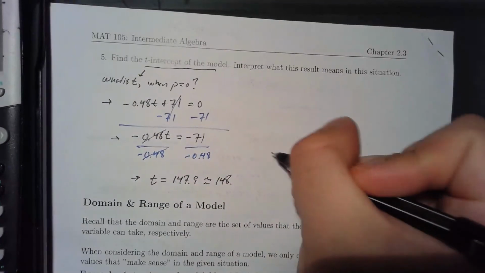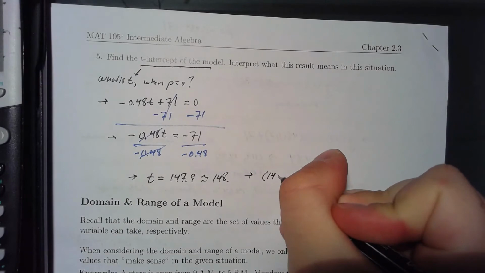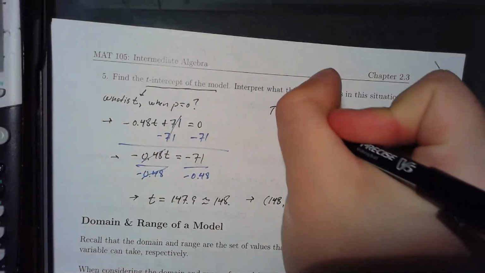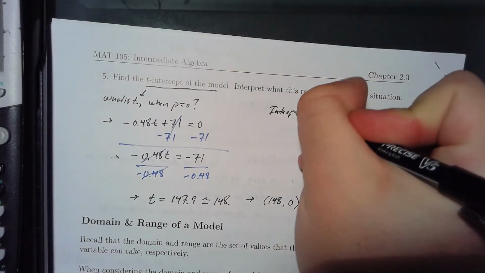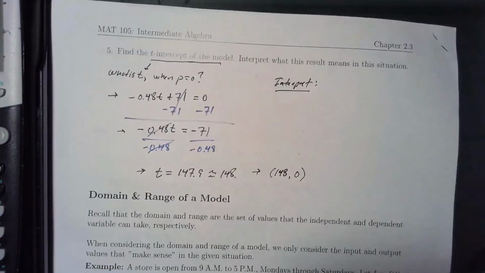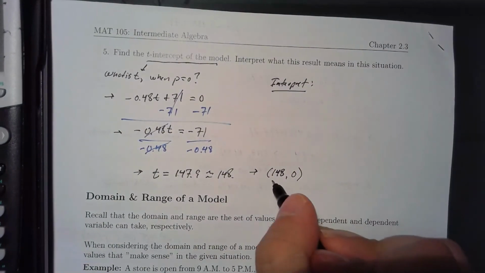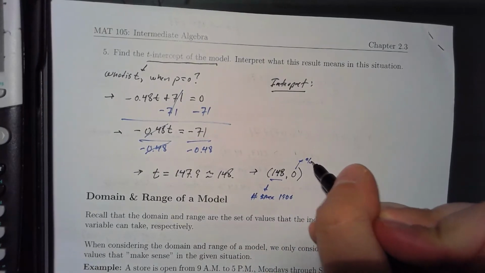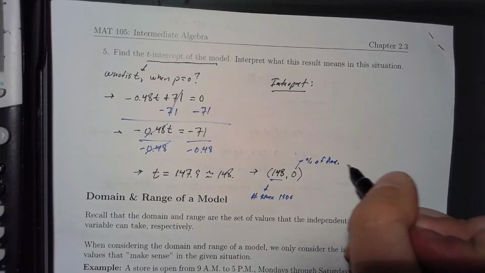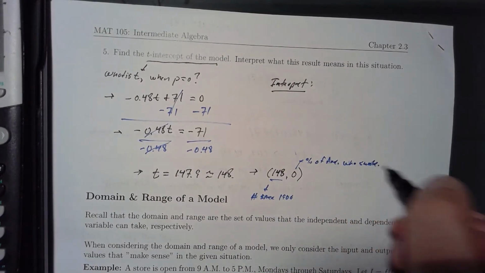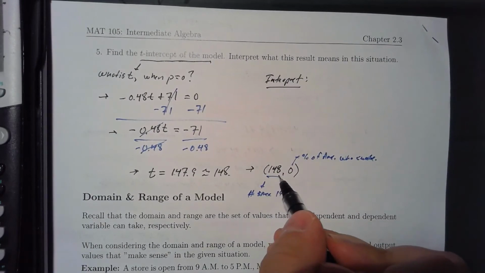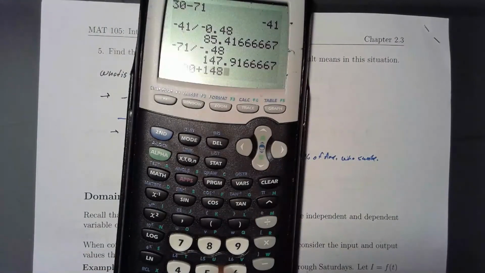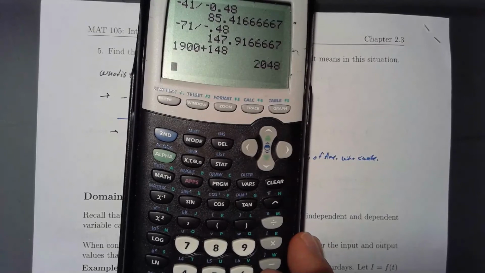So this is the ordered pair, 148, comma 0. Interpret that. So what does this mean? Again, this is the number of years since 1900, and this is the percentage of Americans who smoke. So 148 years since 1900, plus 148, is the year 2048.